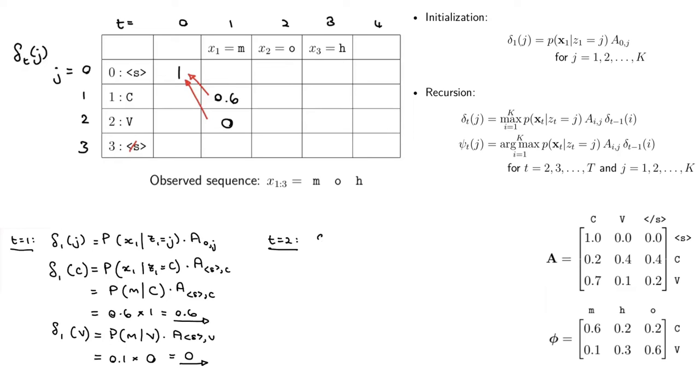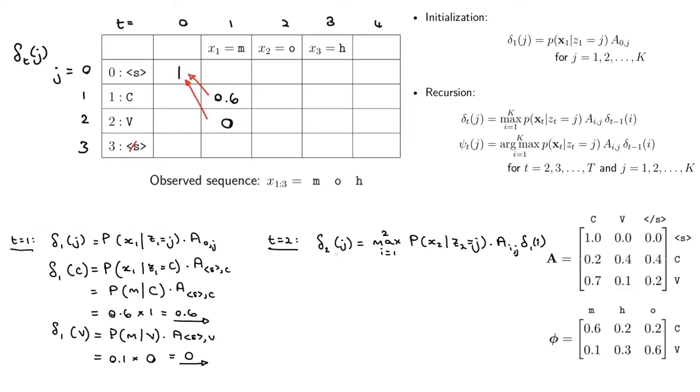So the equation there is, at time step 2 for state J, the max over all my previous states, times the probability of generating the current observation, given that at time step 2 I'm in state J, times the transition from the previous state into the current state, Aij, and then delta 1 of being in state I. Let's just stare at that a second.